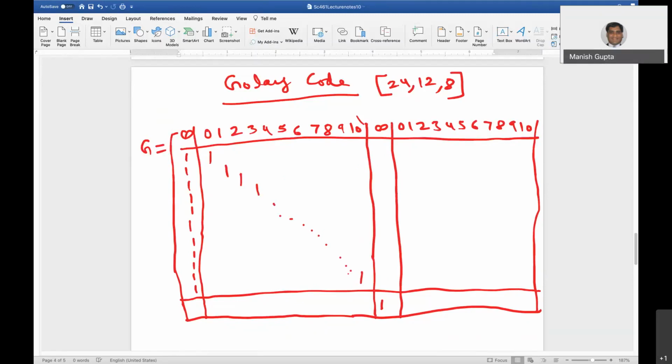This is kind of an identity block. Now, so this is 12 cross 24: 12 rows, 24 columns. You can see that here this is all 1, then there is 0. Wherever I have not written anything, it's all blank, 0. This is all 0.